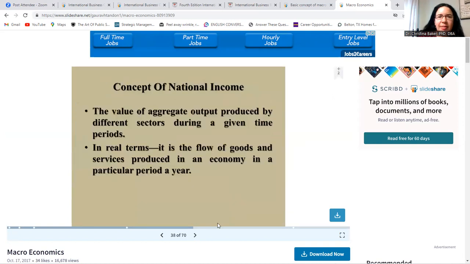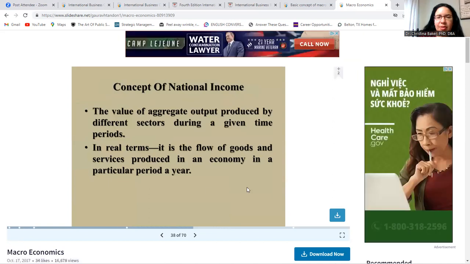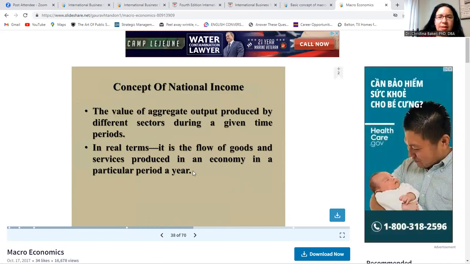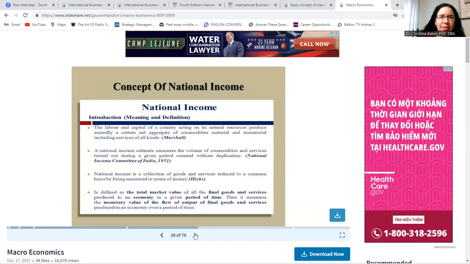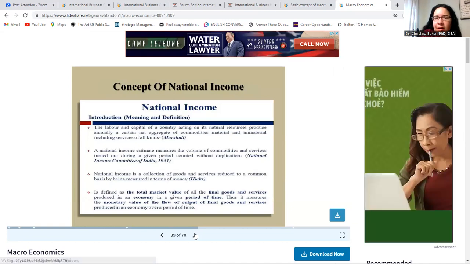Concept of national income. We have the value of aggregate output produced by different sectors during a given time period. In real terms, it's the flow of goods and services produced in an economy in a particular period of a year. National income is defined as: the labor and capital of a country acting on natural resources produce annually a certain net aggregate of commodities, material and immaterial, including services of all kinds.